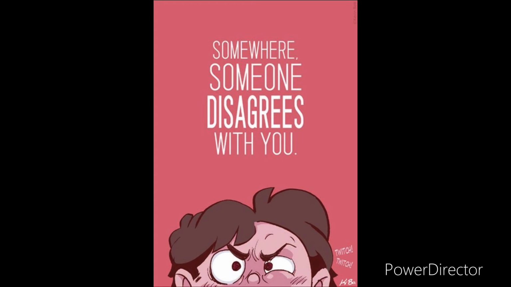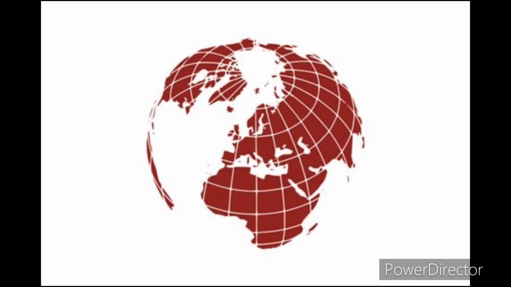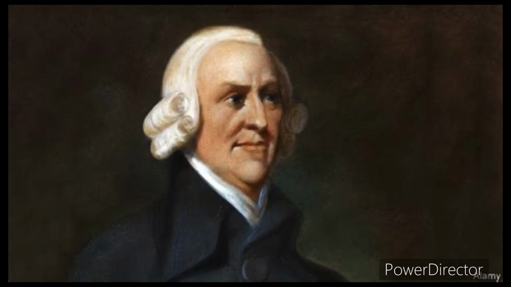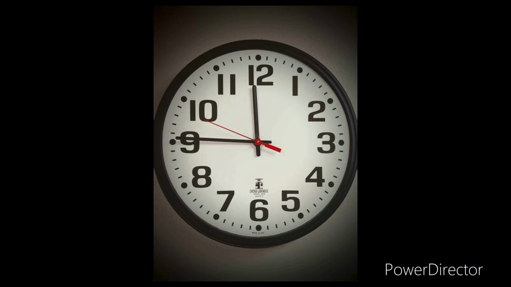The final current of liberalism that I am going to talk about today is economically opposed to social liberalism, as well as being opposed in many other ways, and that current is neoliberalism. And much like its brother, it came out of classical liberalism, with the neos in particular being more focused and loyal to the works of Adam Smith and economic liberalism, which would prove crucial to the current's foundations.